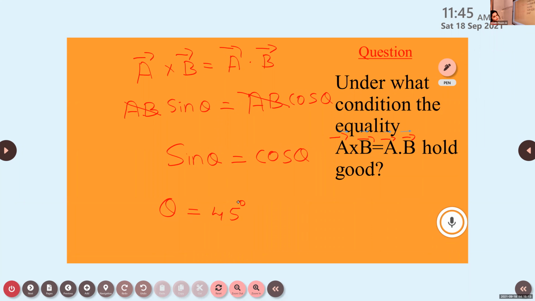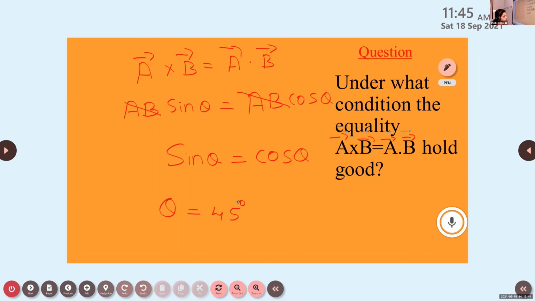What about cos 45? Also 1 by root 2. If it is 90 degrees, sine 90 is equal to 1, but cos 90 is equal to 0. So the correct answer is theta is equal to 45 degrees. This is the condition at which vector A cross vector B is equal to vector A dot vector B.